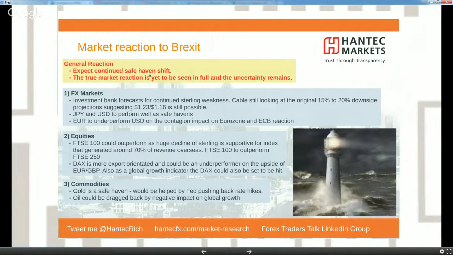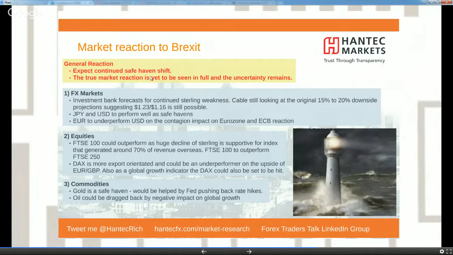And what's going to perform well in these times? The yen, and to a lesser extent the dollar, but certainly the yen, and to be honest, the Swiss franc as well, to a certain extent, will hold up well, I think. But certainly the yen is the major currency that will perform well. What's going to underperform? Well, obviously cable, and I think also the euro.